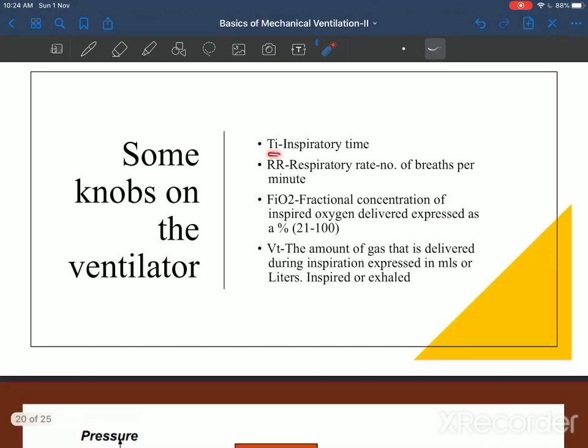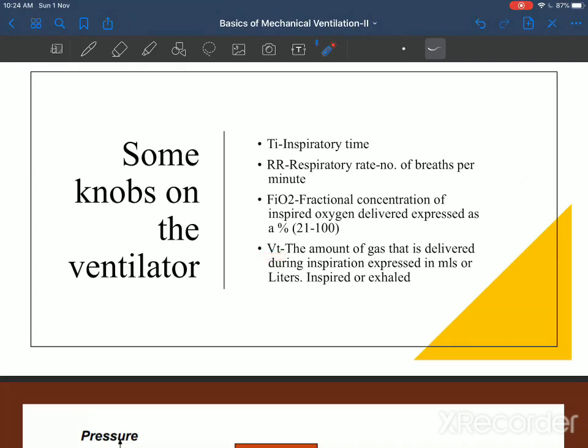Ti is inspiratory time. See, your breath is both inspiration and expiration, correct? So you set the inspiratory time, and depending upon your total respiratory rate, your expiratory time will vary. Respiratory rate is the number of breaths taken per minute. FiO2 is the fractional concentration of inspired oxygen, which is approximately 21% in room air.